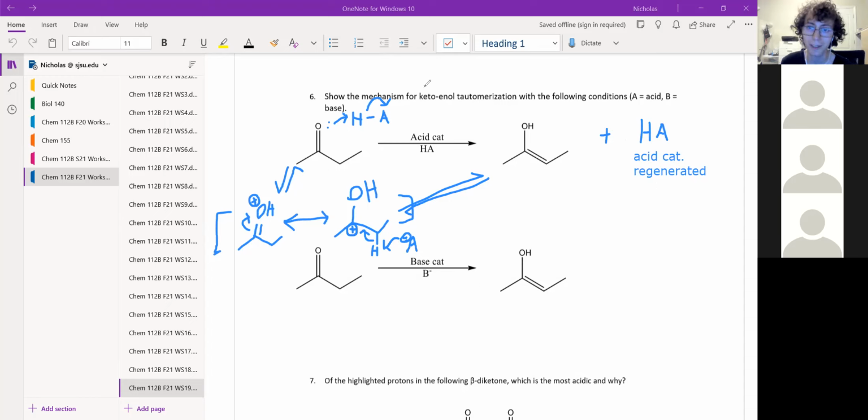And that's the whole mechanism. Up to this structure, this is the same kind of mechanism we've seen in the past for acid catalyzed mechanisms, protonating the oxygen, then drawing a resonance form. The only difference was we did a sort of E1 mechanism here, but that's also something you've seen in a different context before, so it's not too different.